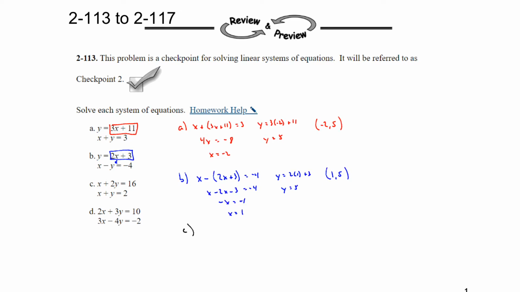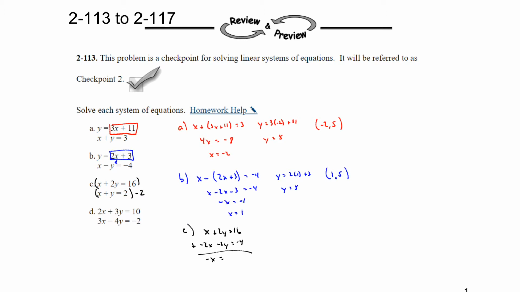Next, on part C. Now, part C we don't have a variable solved for substitution. We could, but we're going to use a different method this time. We're going to go ahead and multiply the second equation by, we could eliminate the x or the y, but I'll eliminate the y by multiplying by -2. So my top one's going to stay the same, and then I'm going to multiply everything through by -2, and I do that so that my y values, when I go to add the two equations, they eliminate.